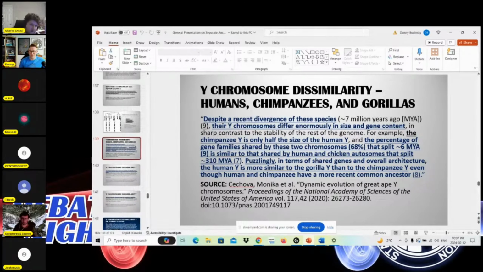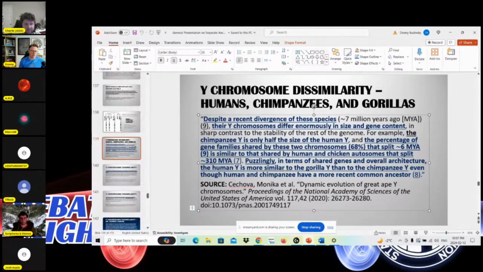But notice this, Charlie. The chimpanzee Y is only half the size, we saw that in the visual, as the human Y. The percentage of gene families shared by these chromosomes that split about 6 million years ago is similar to that shared by human and what, Charlie? Human and chicken. Chicken. That split 310 million years ago.